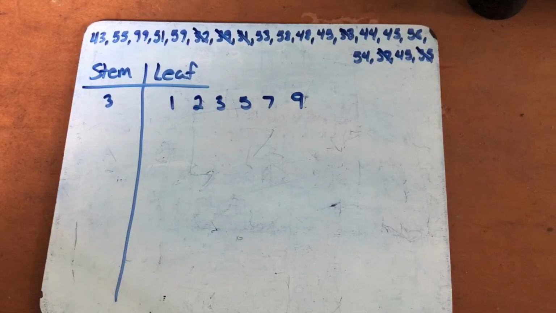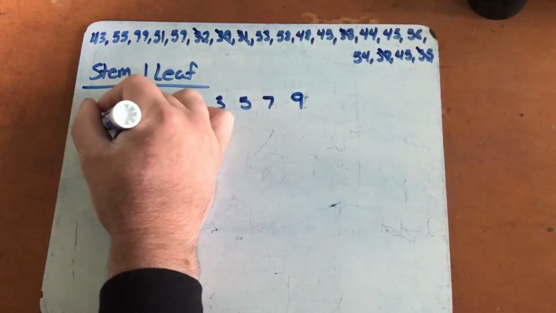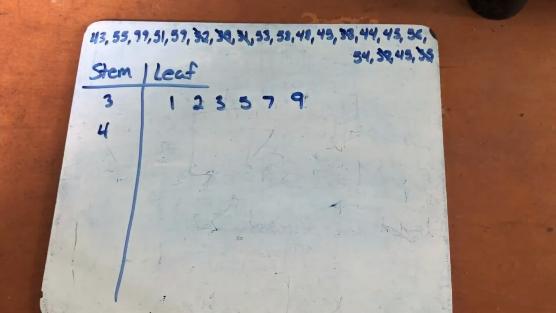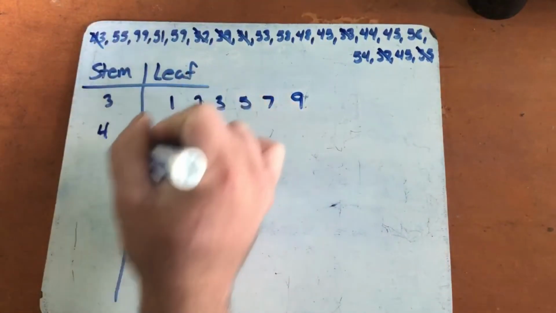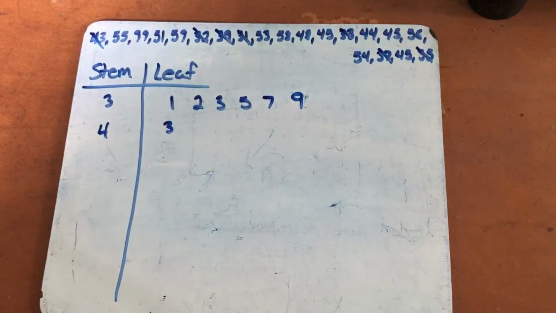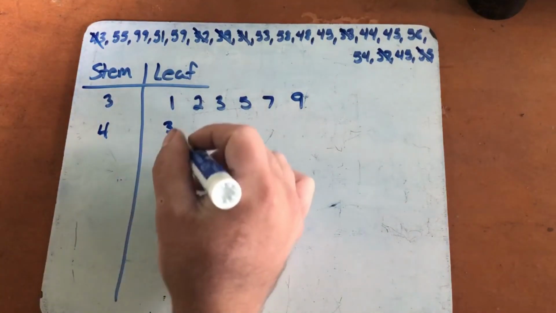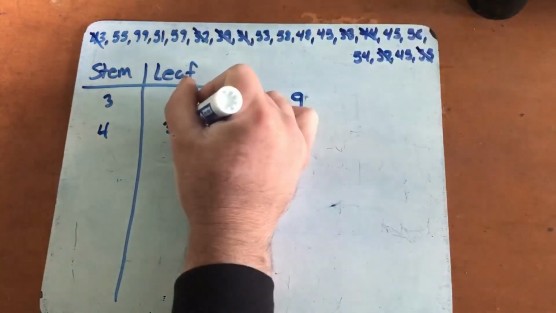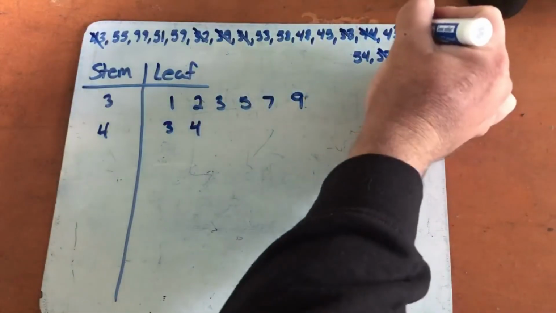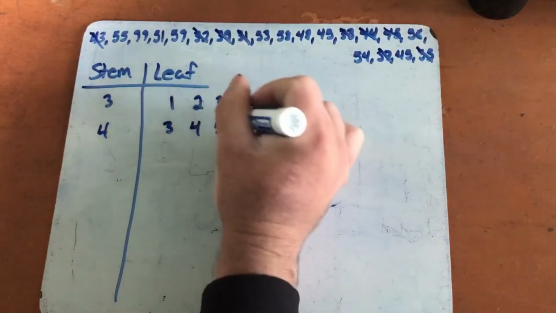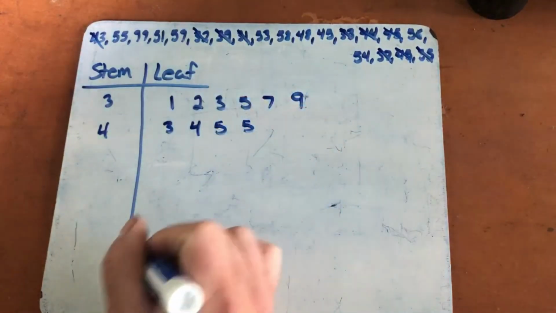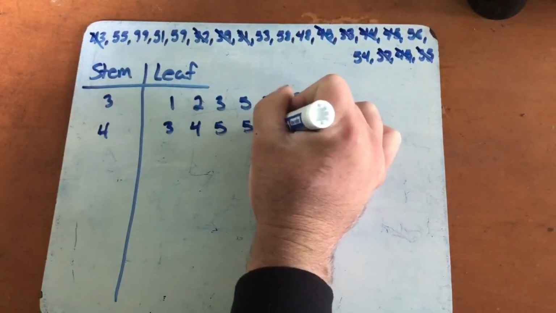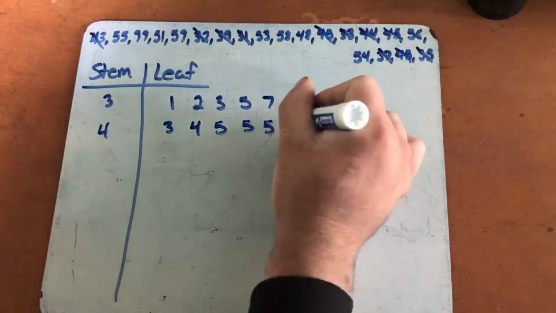Then from there we go to the next set, which is the 40s. We got a 43, a 44, a 45, another 45, and another 45. And then we got a 48.